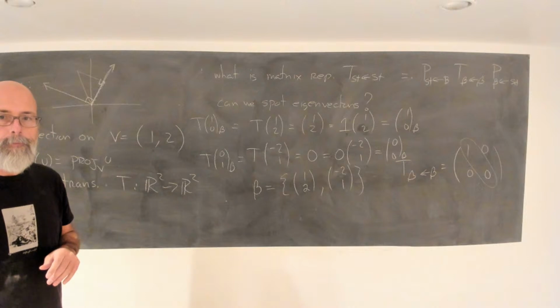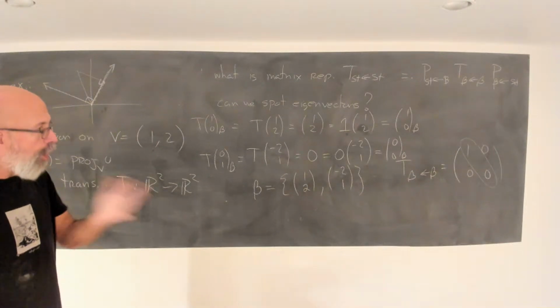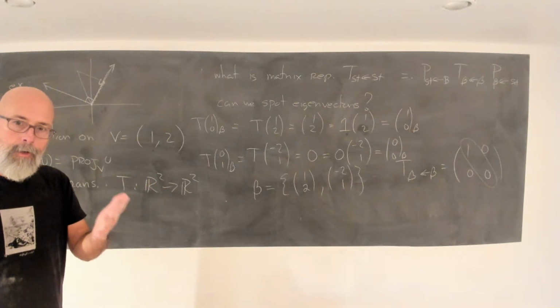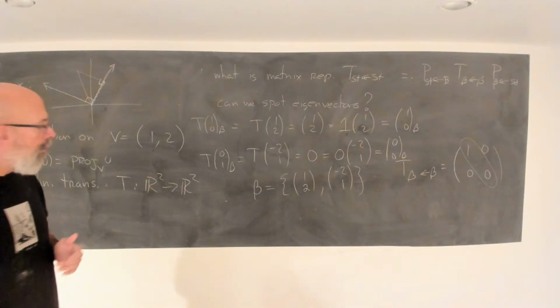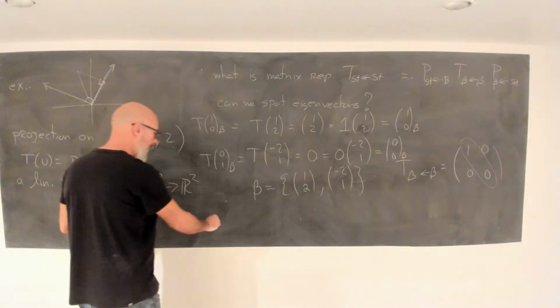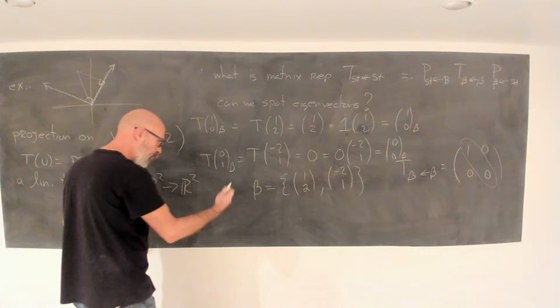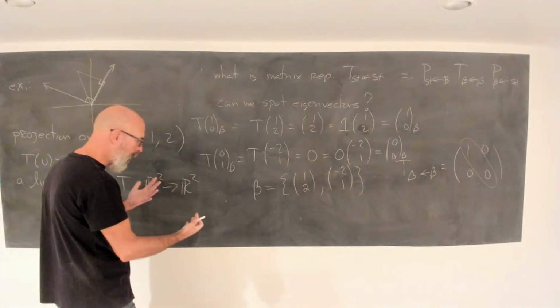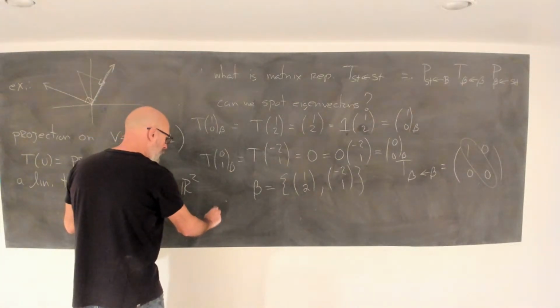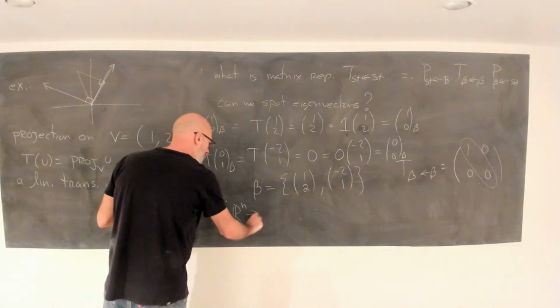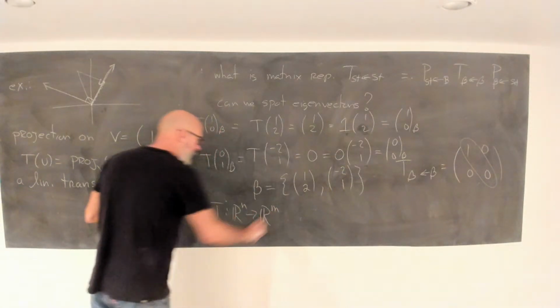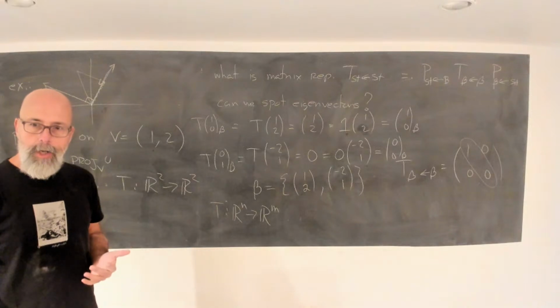How are we doing? Let me just end by noting, what are we really saying? If you have a linear transformation from Rn to Rm, it's multiplication by a matrix.